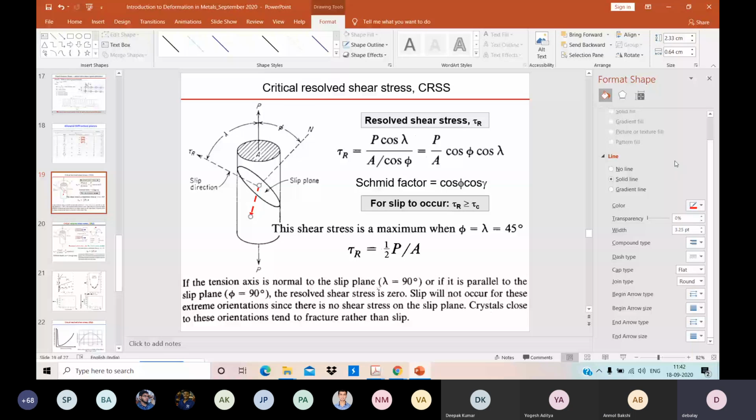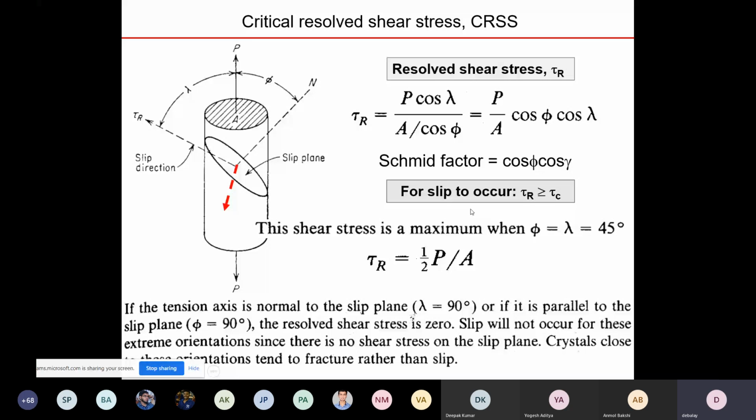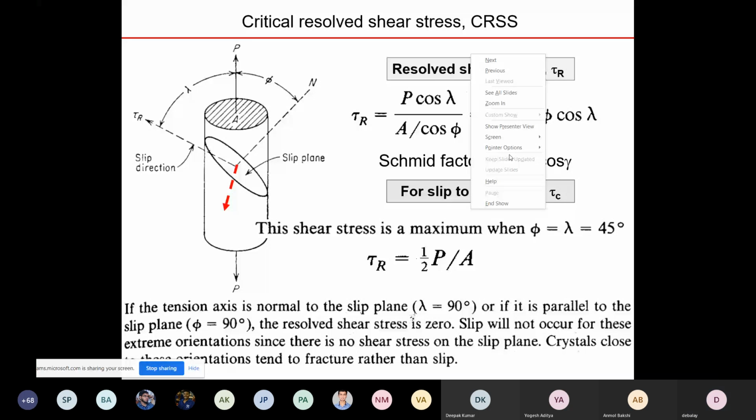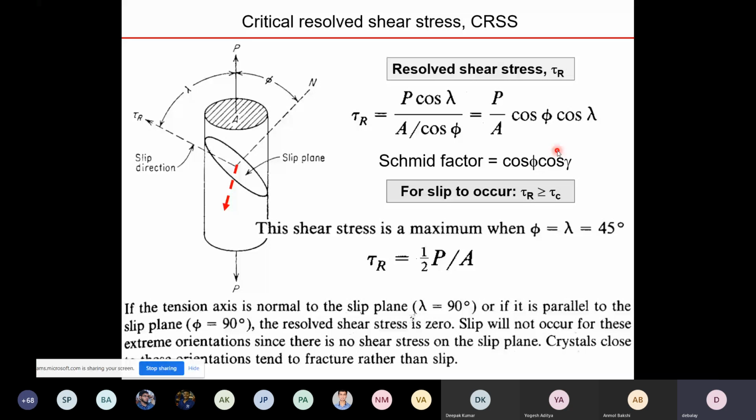As for xi, in this calculation xi is not important. You need not remember xi, there is no role of xi. In the critical resolved shear stress concept, there is no xi in the equation.